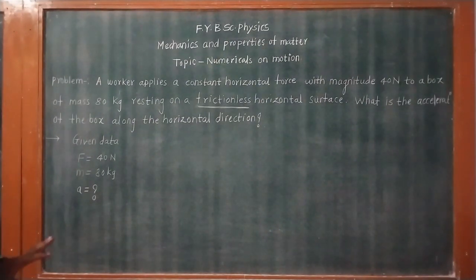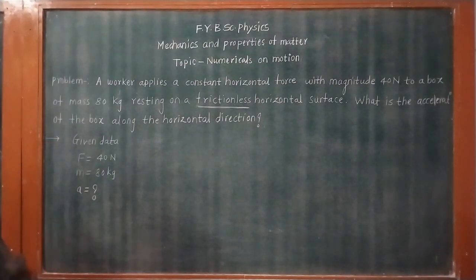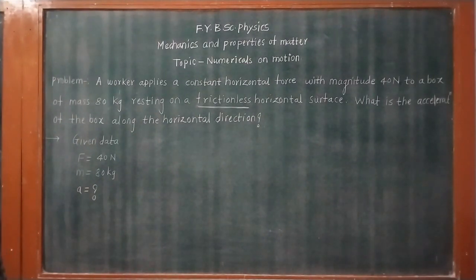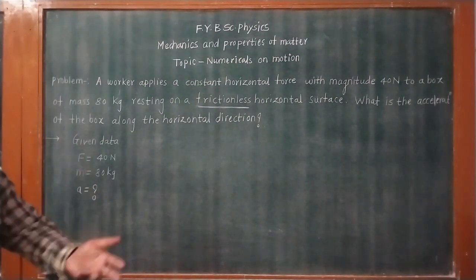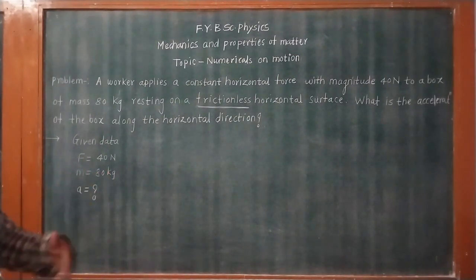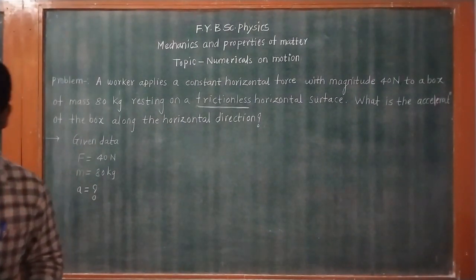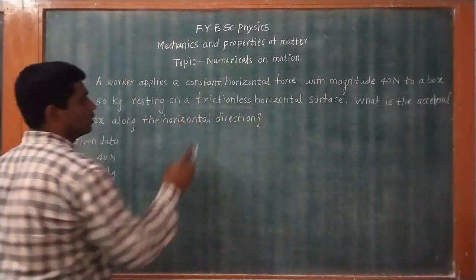So if you consider this, it's a very straightforward problem. Force is given, mass is given, we need to find out the acceleration. So it is a problem based on Newton's second law of motion, which is force is equal to mass into acceleration. As this is a very simple problem, you can easily solve it.